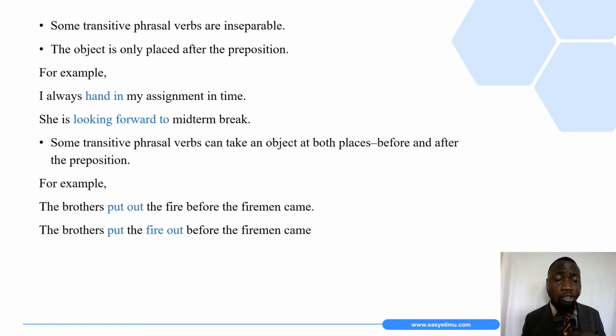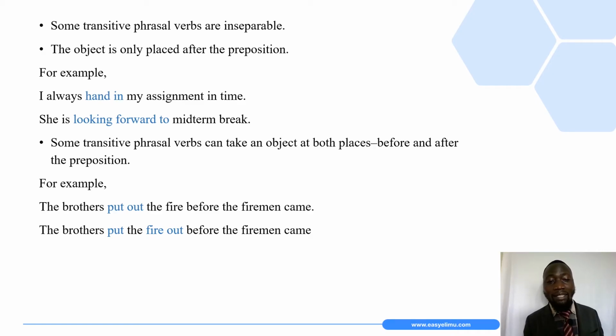It is also important to note that some transitive phrasal verbs are inseparable. It means that you cannot separate them in a sentence. The object is only placed after the preposition. In the previous example that we looked at, it talked about those that can be separated.